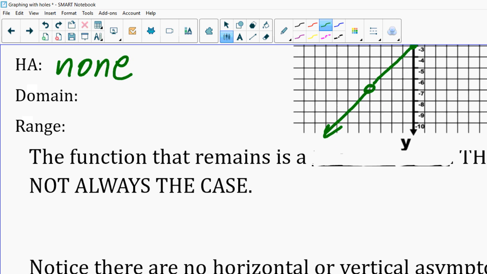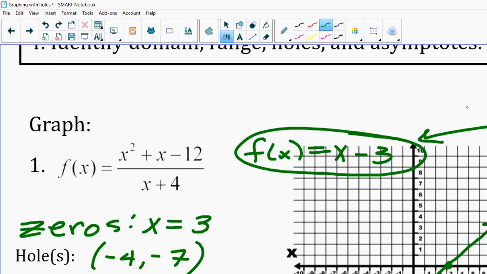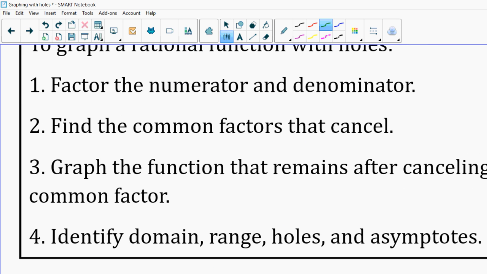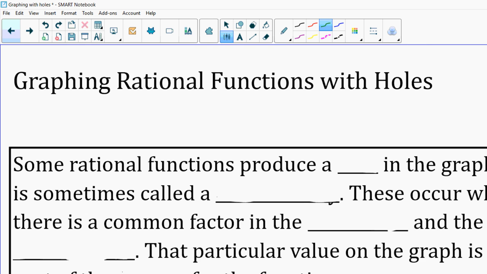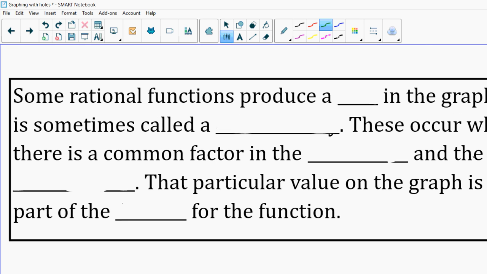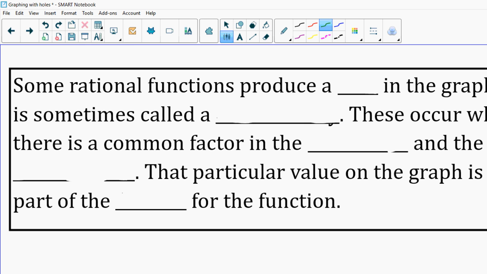Now look down here. The function that remains is a linear function. It's a line, but that's not always the case. That's not always going to happen. Let's go back and see if we can fill in some of this stuff. Some rational functions produce a hole in the graph.